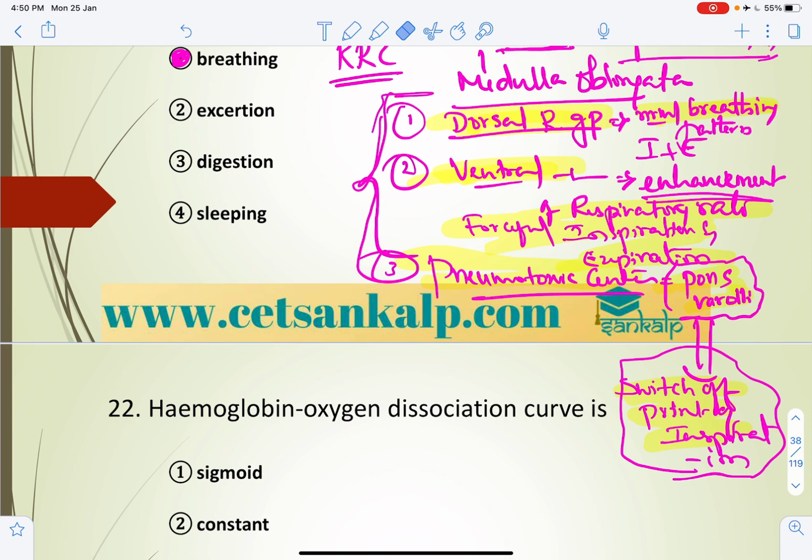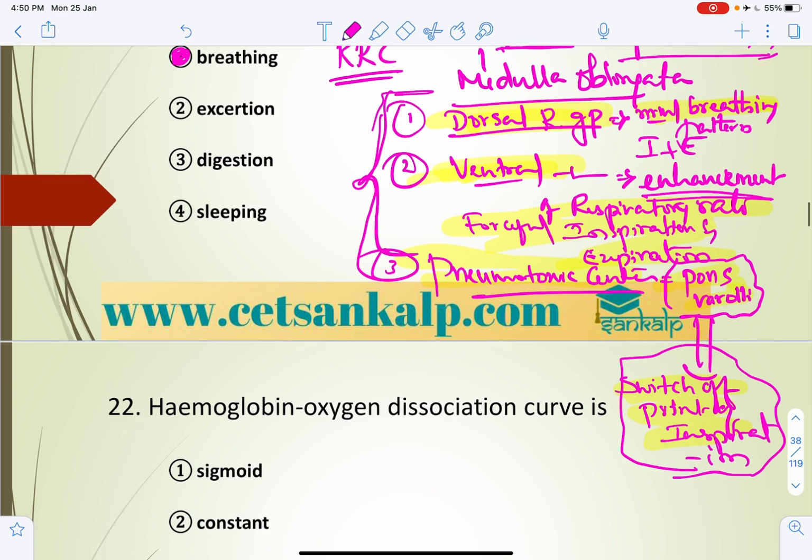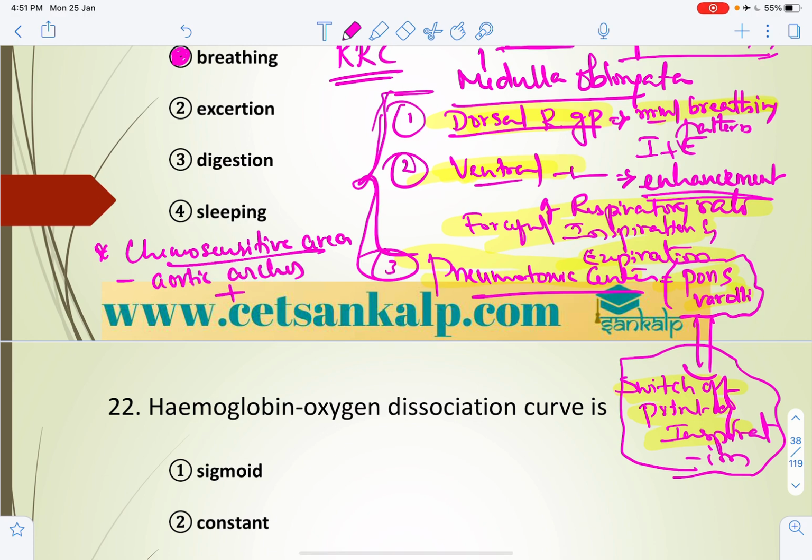Let me add that point also here. There is a chemosensitive area, with receptors present in the medulla oblongata, and also present in the aortic arches and carotid artery. Aortic arch means the largest artery, which carries oxygenated blood to the body.